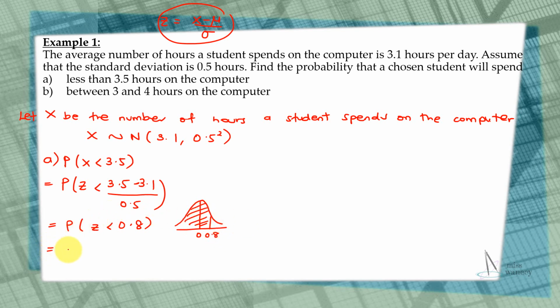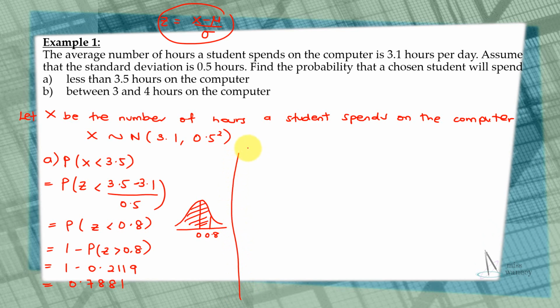Therefore, I should take the total probability 1 minus probability of Z greater than 0.8. So now refer to your table, probability of Z equal to 0.8 and check what is the value. Okay, so this is 1 minus 0.2119. So the answer for this one is 0.7881. So that is for part A.